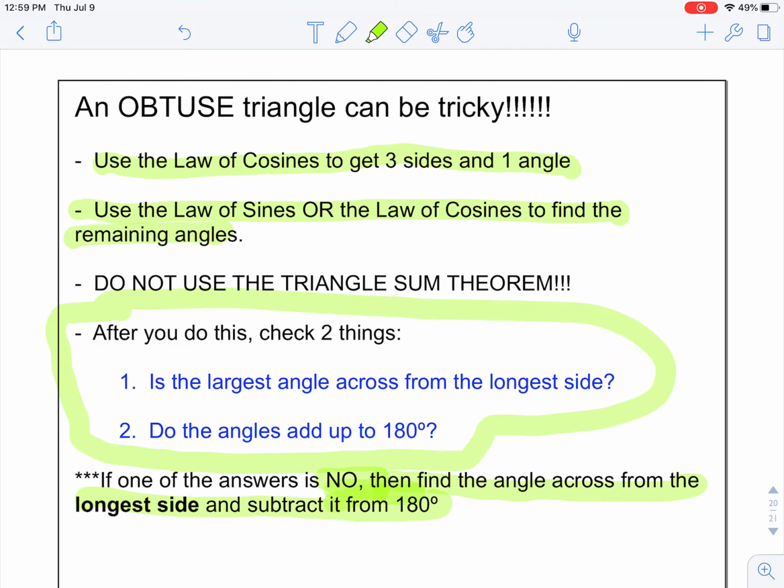So you might notice if you do encounter any obtuse triangles, it's like, wait, I used the law of sines and cosines and now the angles don't add up to 180. So just keep that in mind. It's not going to be a real big piece right now. We have enough other things to practice at this point in time, but I just want you to be aware mathematically of what is going on. So that is the end of our chapter.